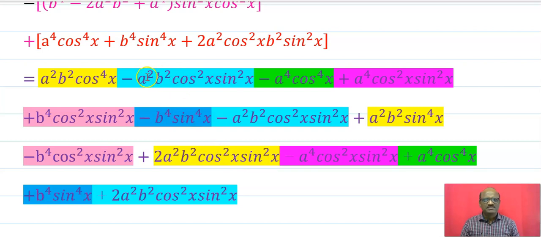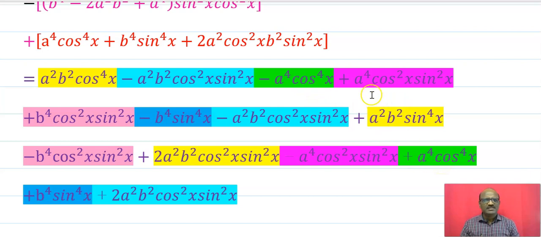Here is a minus a^2 b^2 cos^2 x into sin^2 x. Here is a minus again, same term, but here is 2 times. Therefore these 3 will get cancelled. And next is a minus a raised to 4 cos^4 x. Here is a minus sign. It's a green in a green. Therefore these 2 will again get cancelled.